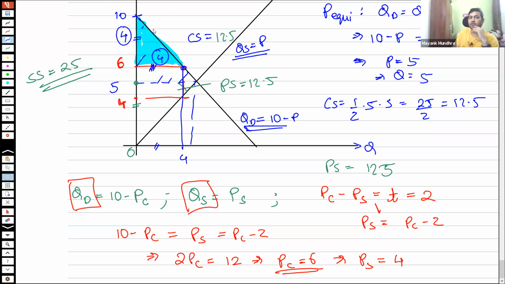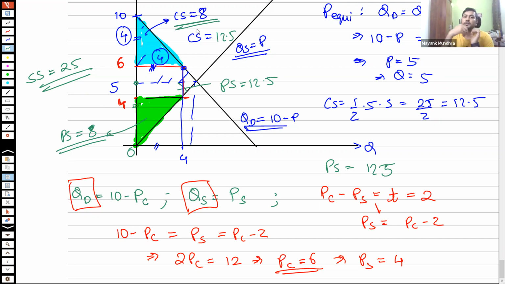So now consumer surplus becomes equal to half into 4 into 4, so that is equal to 8. And this would be the producer surplus by analogous logic. The consumer surplus is 8 and producer surplus is 8.